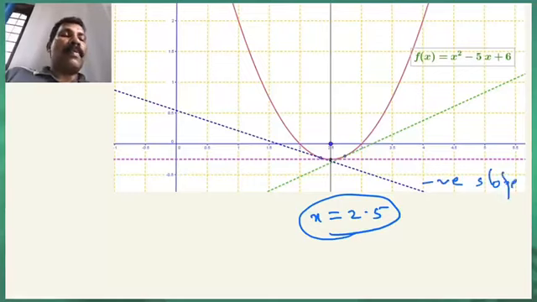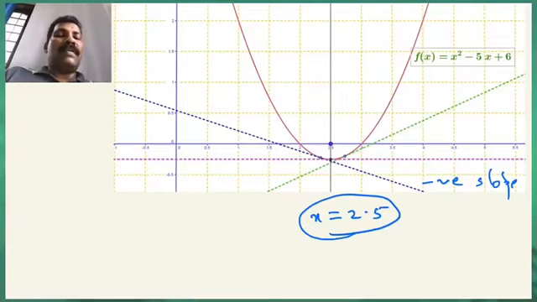And for the points to the right of x equal to 2.5, that is, values slightly greater than 2.5, if we consider the tangent here on the graph, you can see the green colored tangent, it is having a positive slope.